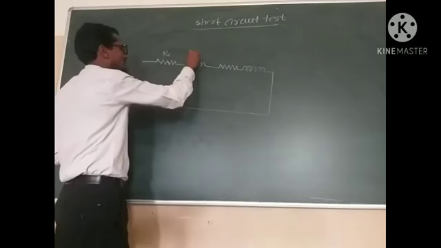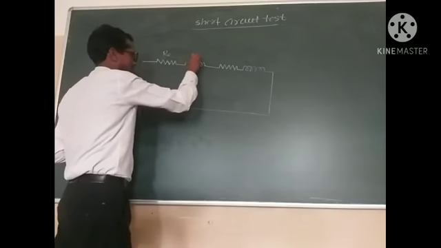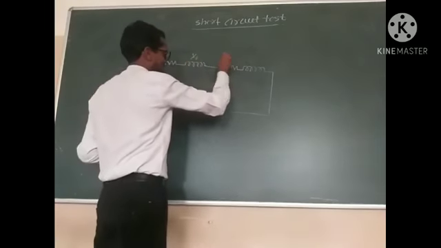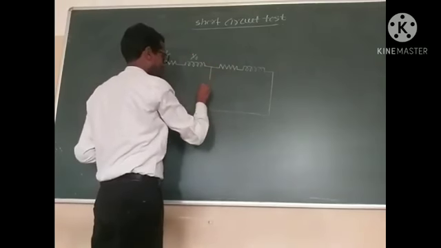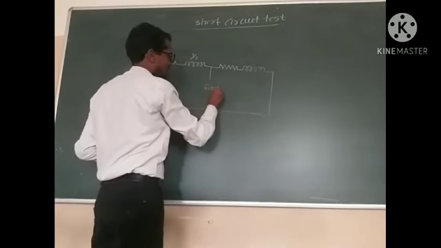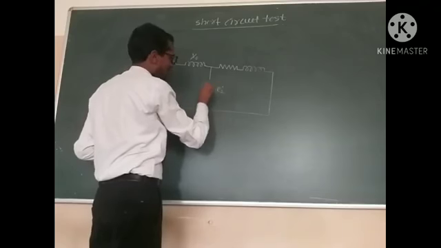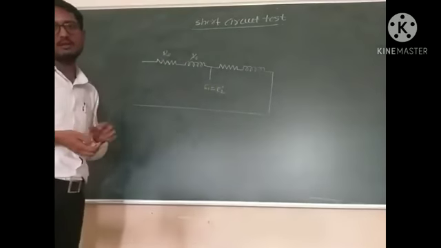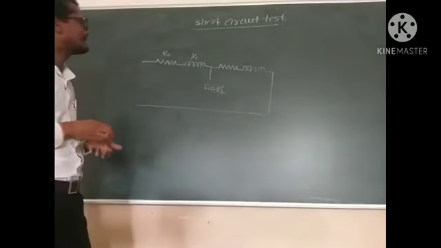This is R0, this is X0. Here E1 equals E2 dash.